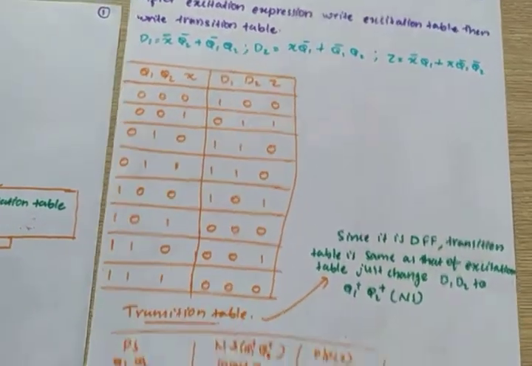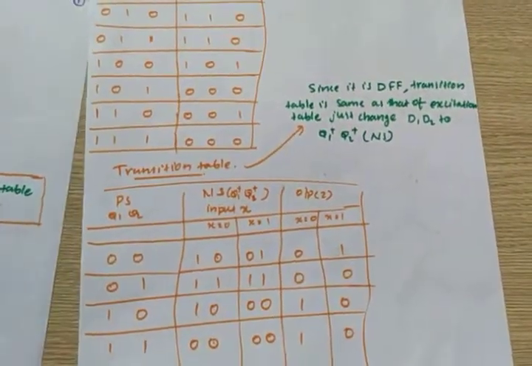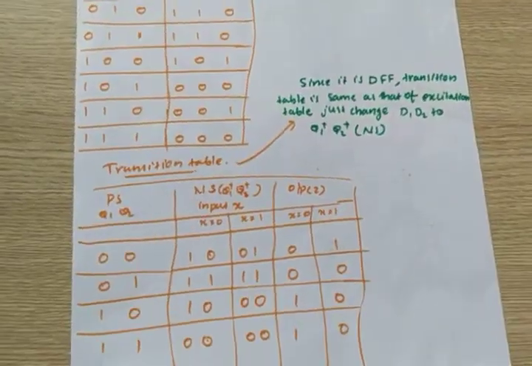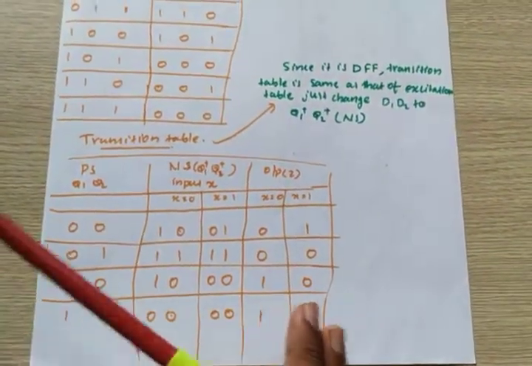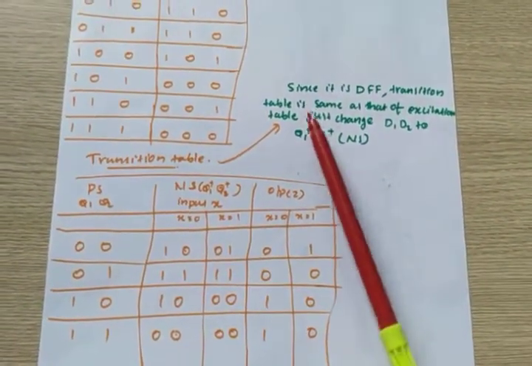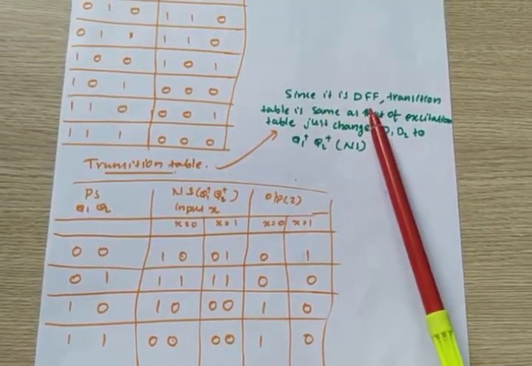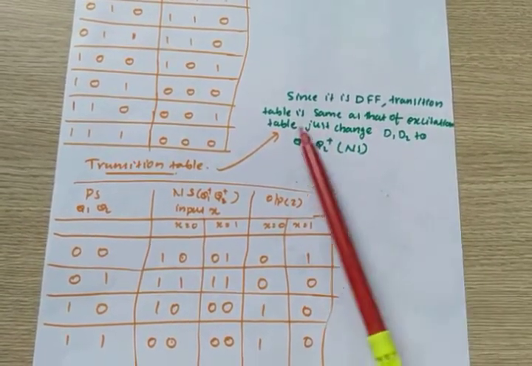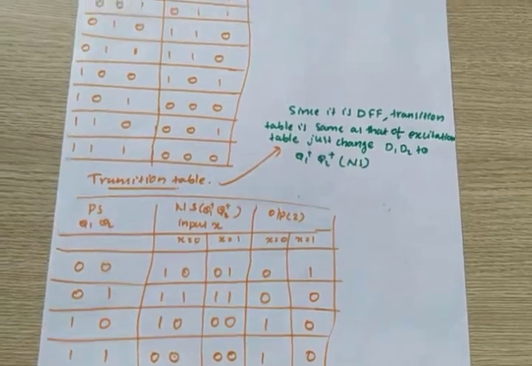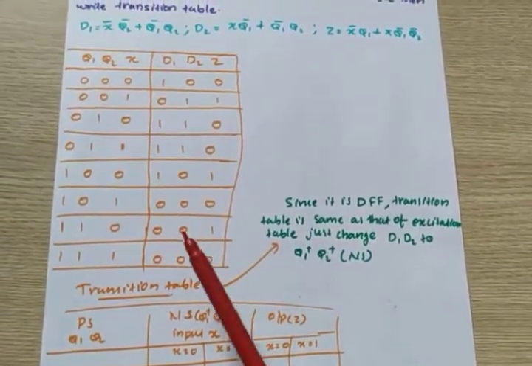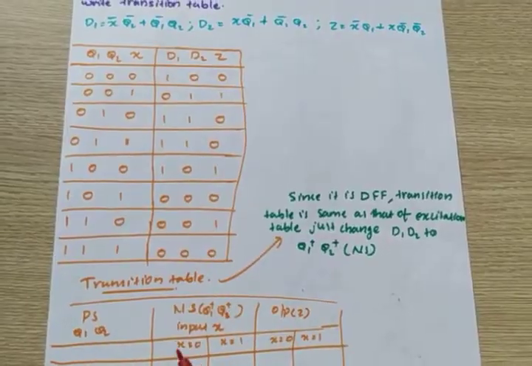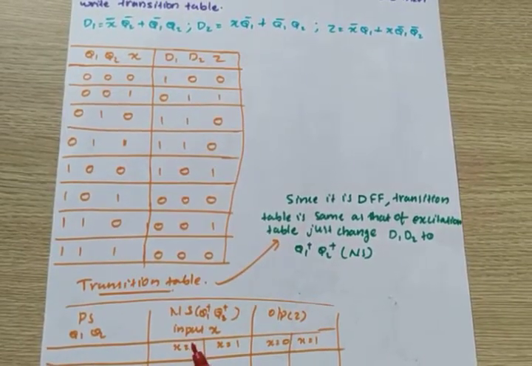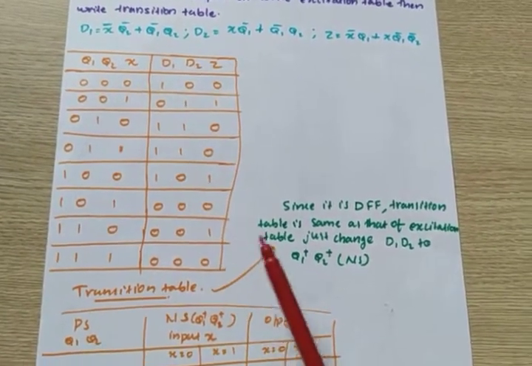How to write this transition table? Since it is a D flip-flop, the transition table is the same as that of the excitation table. Why?